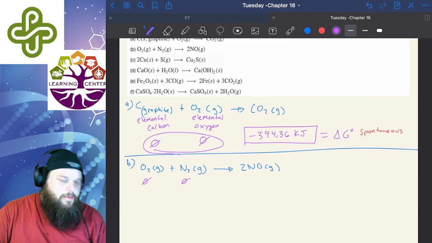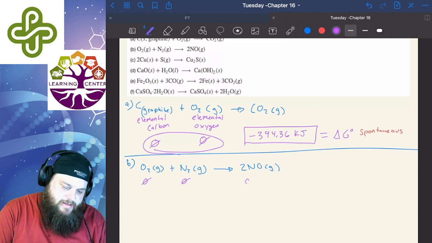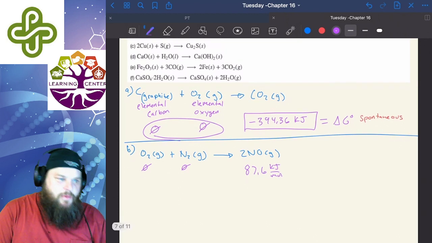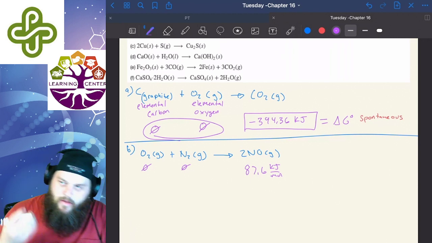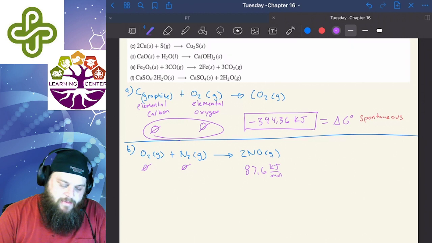I'm just going to look it up real quick. This says 87.6 kilojoules per mole. So now when we do the math on that, we really want to do the sum of the products minus the sum of the reactants.